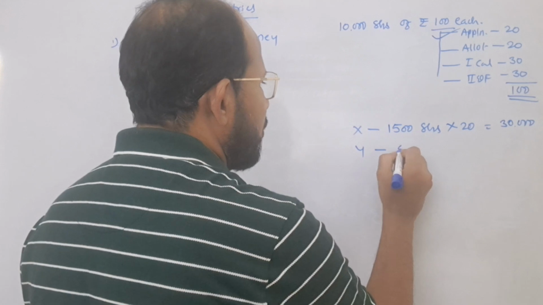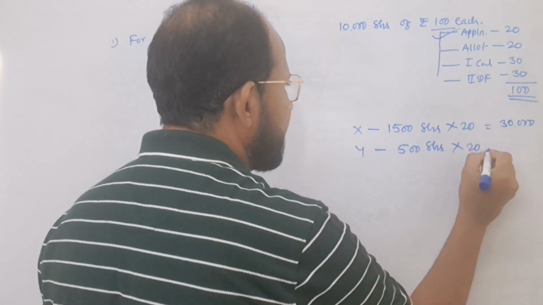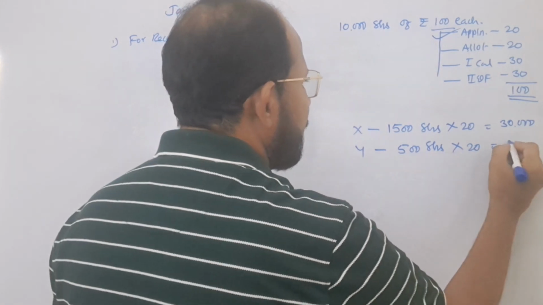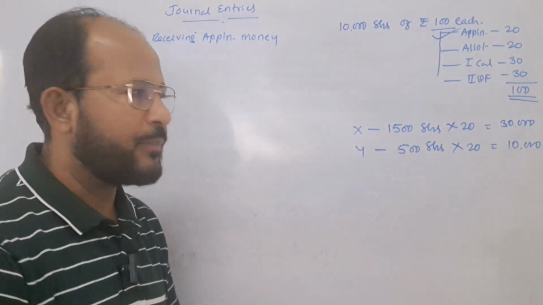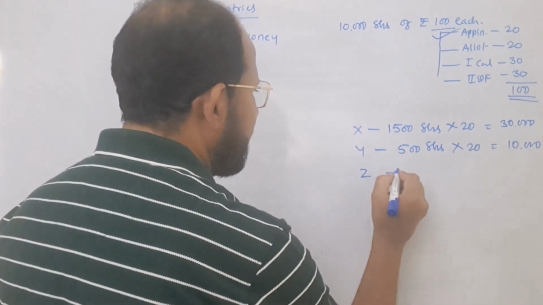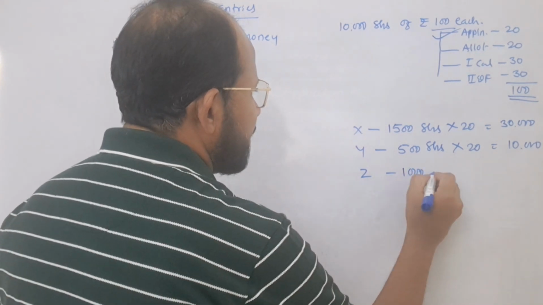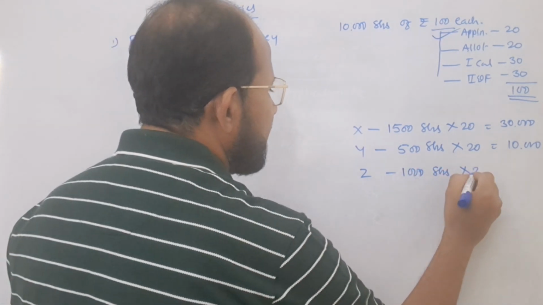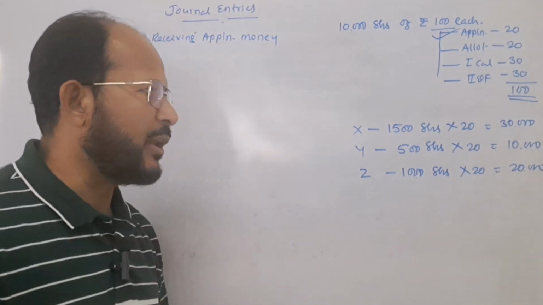Next one is Mr. Y. Assume he applied for 500 shares. Therefore, he sent application money of rupees 10,000, that is rupees 20 per share. Next one is Mr. Z. He applied for 1000 shares and he sent rupees 20,000 as application money.